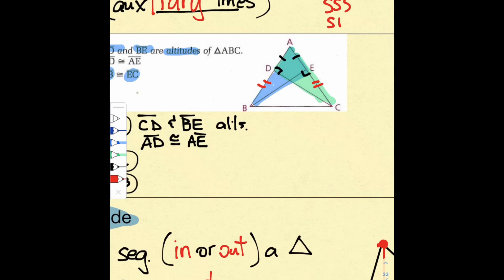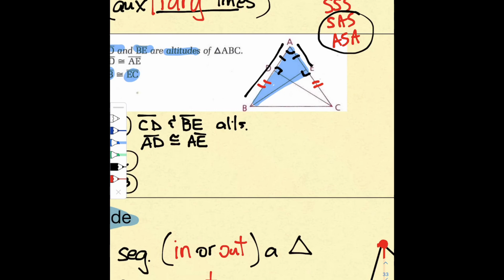Well, remember those three-letter combinations: side-side-side postulate, side-angle-side, angle-side-angle. If I look at that triangle, let's just highlight one of them. So I know that, for example, this side is congruent to the corresponding side on the other triangle. I also know that they share an angle. So I have an angle and a side, so that means I'm working with one of these two.